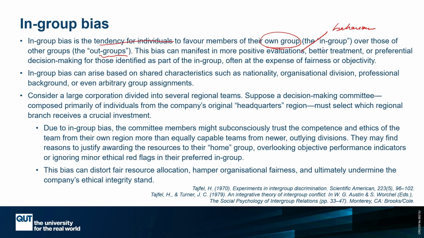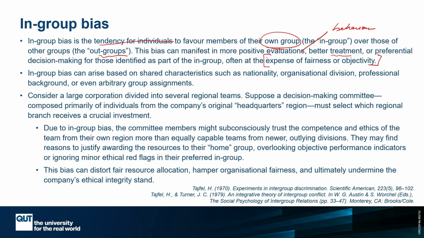That's the kind of evaluation that you'll make. If it's an in-group member, you're more likely to say they're respectfully listening. If it's an out-group member, you're more likely to think it's a negative behaviour. And as a result, you will treat members of your in-group better and prefer them in decision-making. So you do that at the expense of objectivity in your decision-making.